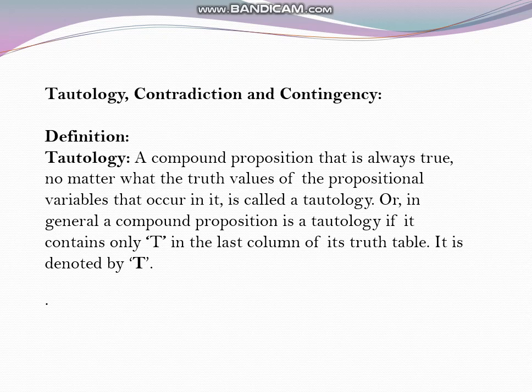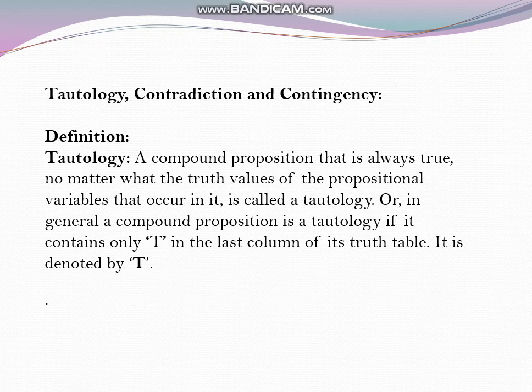It is denoted by T. So, whenever a compound proposition is given, we construct its truth table, and if in the last column it is always true, we say that it is a tautology. It also means that in any case we have the truth value as true, for all possible values of the propositional variables.